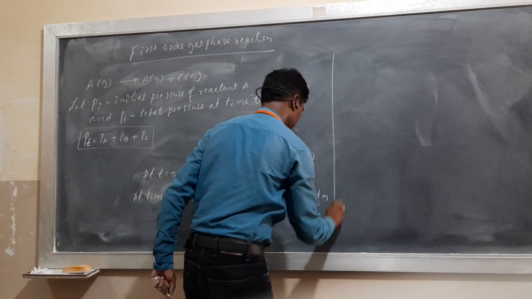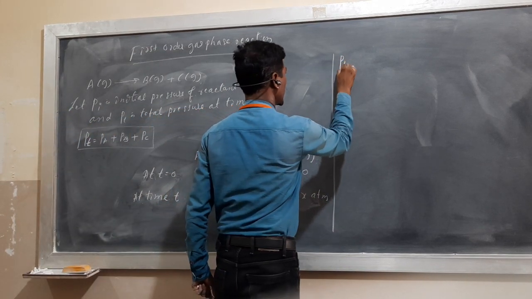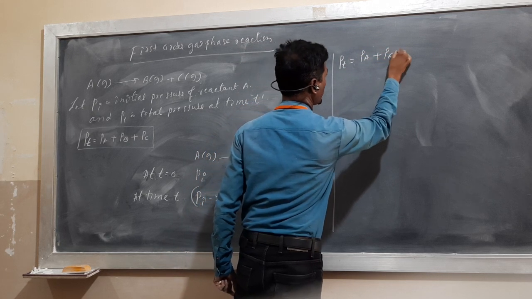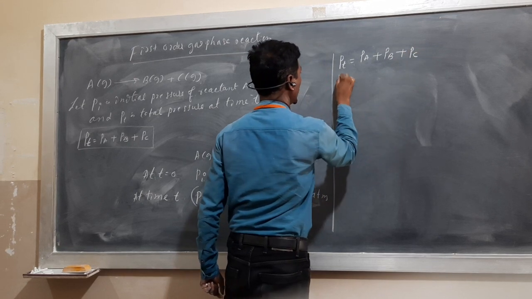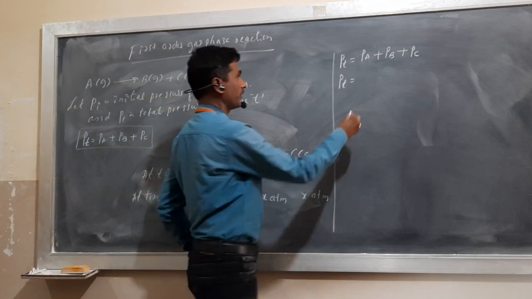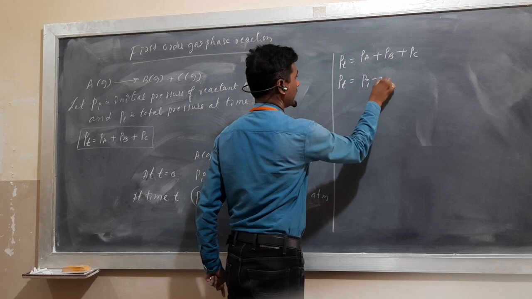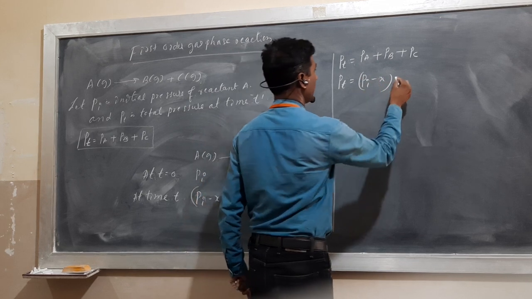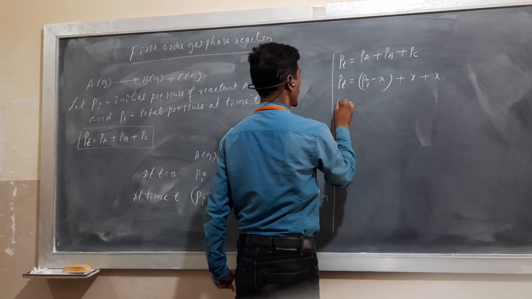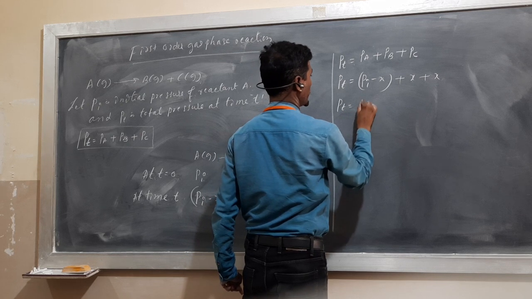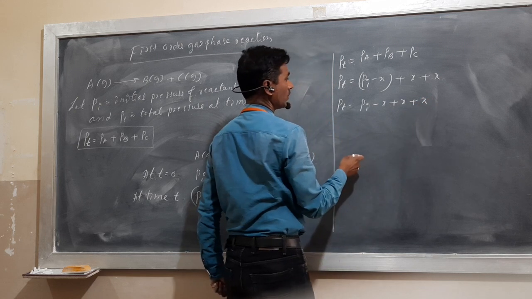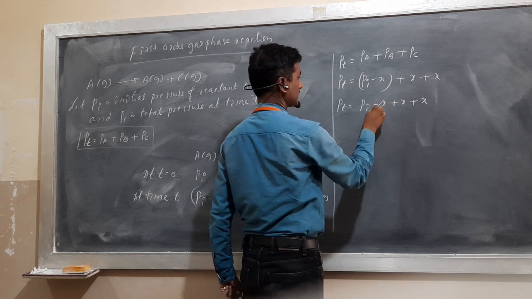Now, I can write here the total pressure. The total pressure is equal to the partial pressure of A plus the partial pressure of B plus the partial pressure of C. The partial pressure of A is Pi minus X, plus the partial pressure of B, which is X, and this is also X. So the total pressure is Pi minus X plus X plus X. Minus X and plus X cancel.